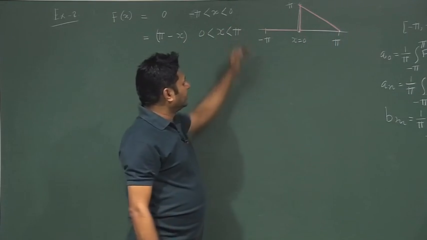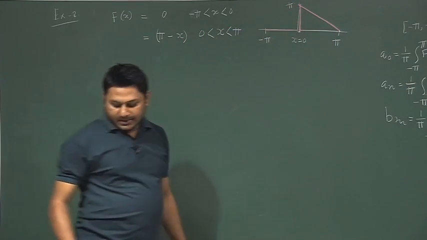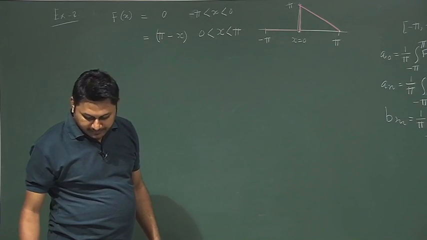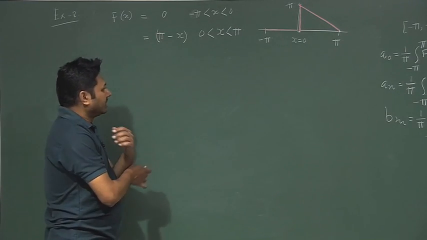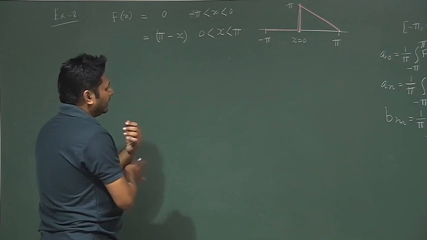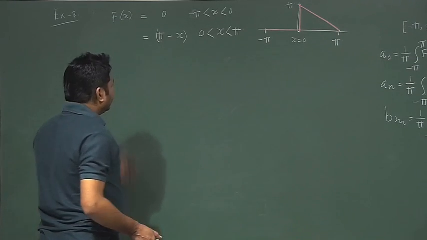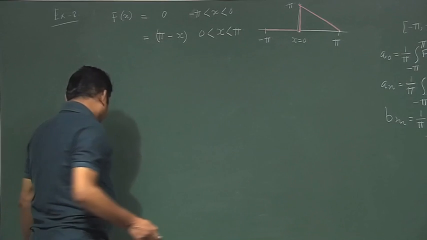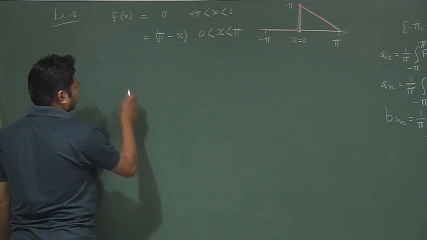So, the given function is something like this. The next thing is the same: we need to find out for this function the values of a0, an and bn, so that I can expand this function in Fourier series.